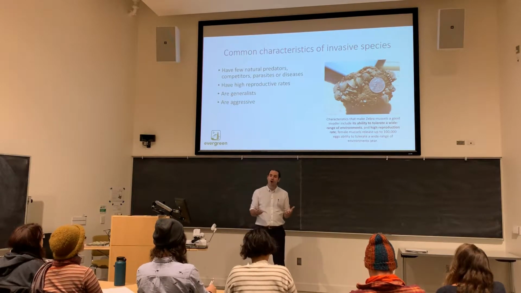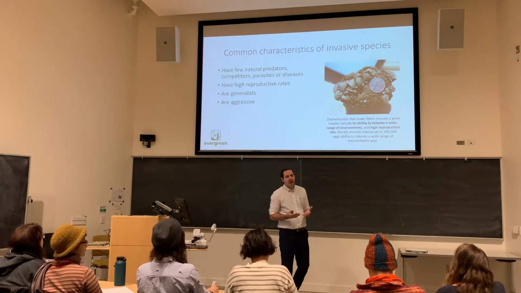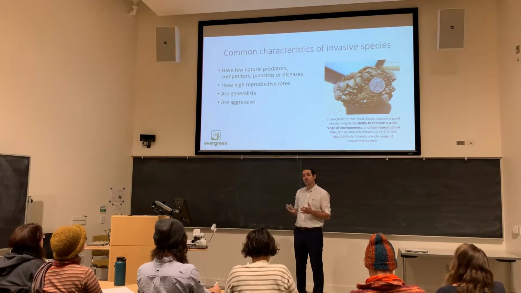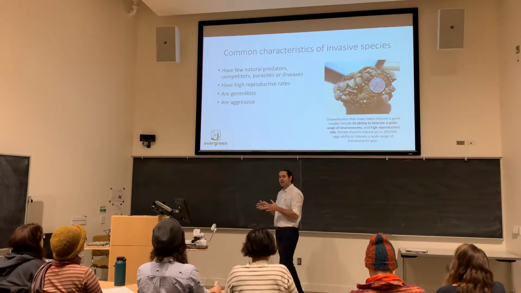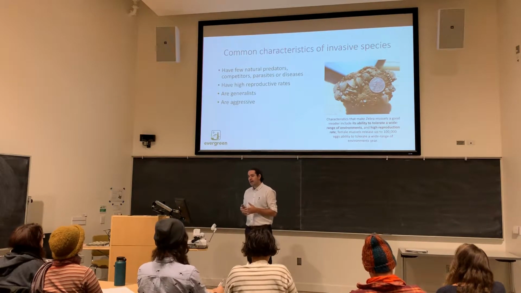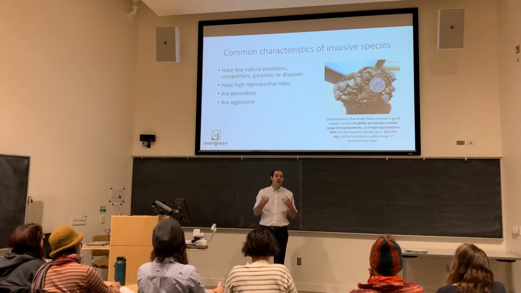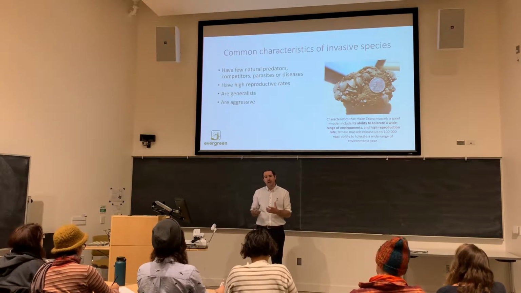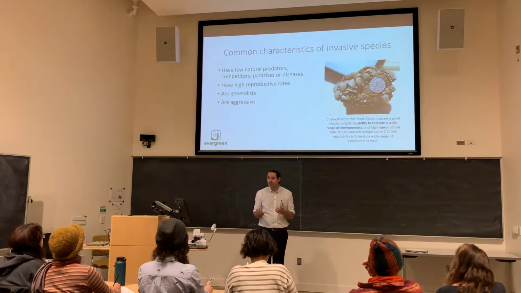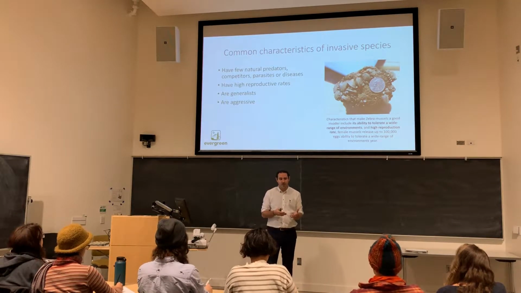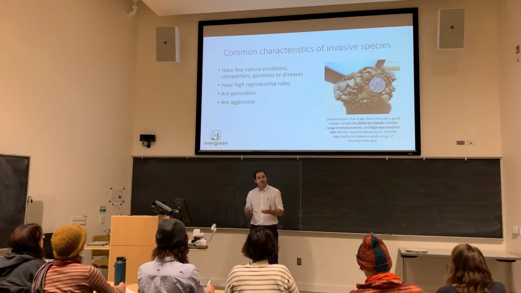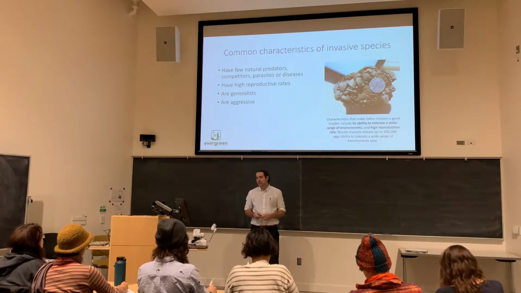but they have some common characteristics. They have few natural predators in that introduced range, and few natural competitors, diseases, or pathogens to keep them in control. They're usually reproducing a lot.